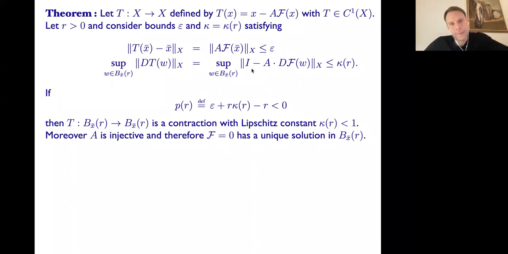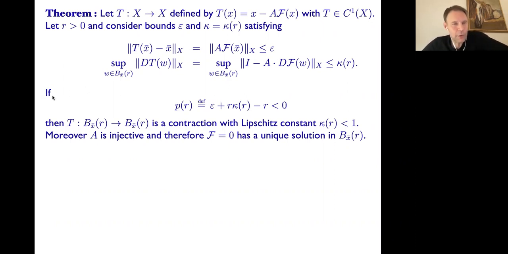And if you had perfect Newton, if it was perfectly equal to the inverse of the derivative, then it's not hard to convince yourself that when r goes to 0, that quantity goes to 0. So there is hope that kappa of r for small enough r will be less than 1.